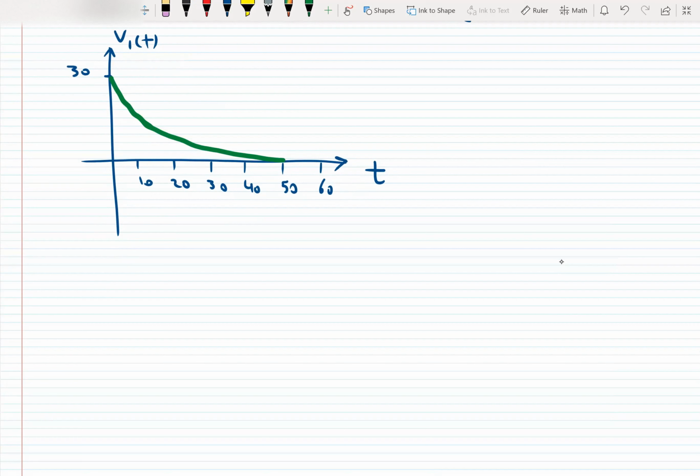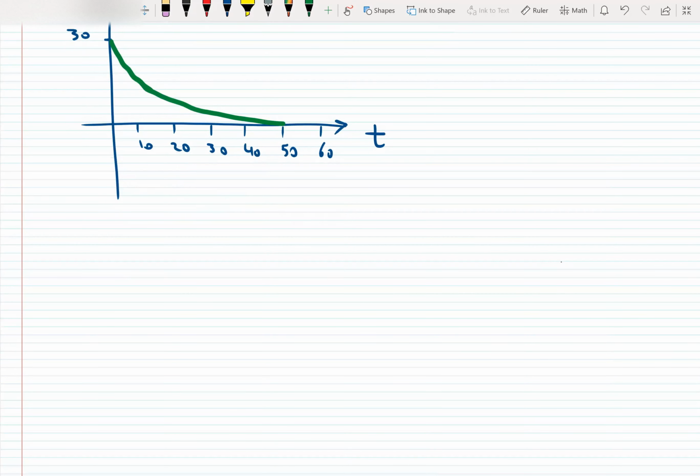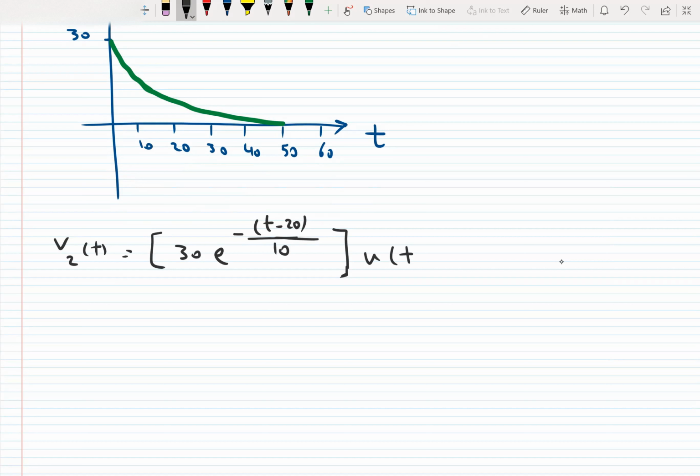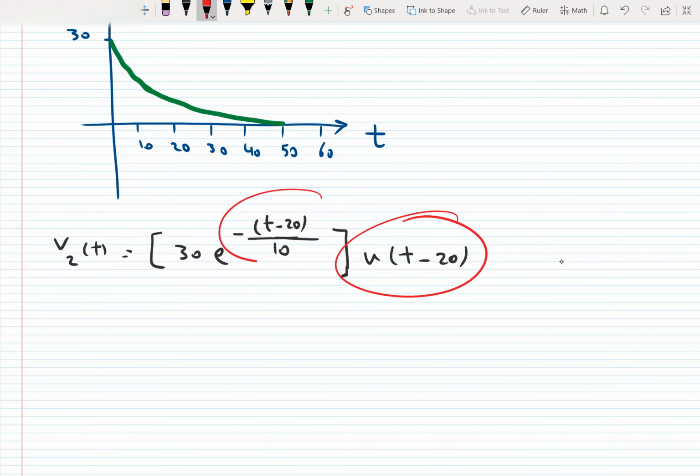The second function is v2 of t is equal to 30 e to the power of negative (t minus 20) over 10, u of t minus 20, because both the unit step and the exponential function are shifted together by 20.